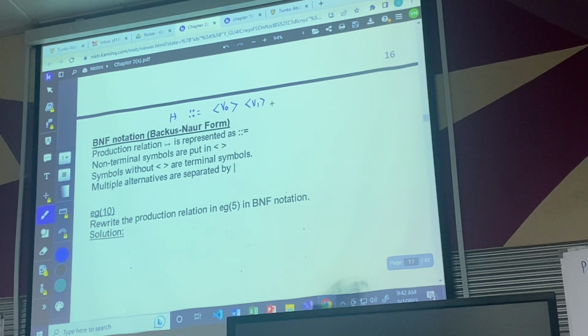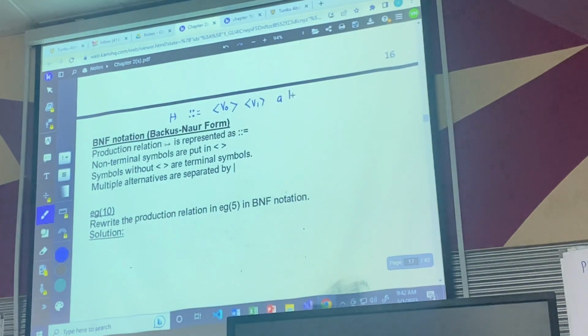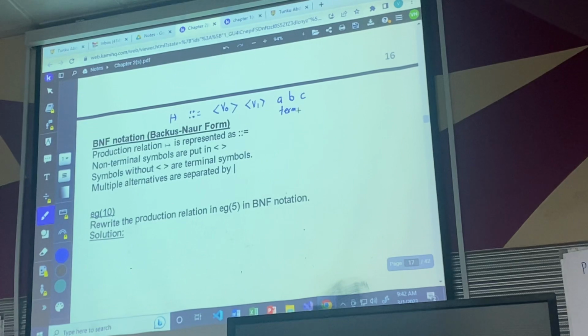So when I see this bracket, I will know that B1 is a non-terminal symbol. Okay? And if it is a terminal symbol, then we need not put any bracket. Just write it using a small letter. This is terminal in the BNF notation. Okay? Bracket is non-terminal.